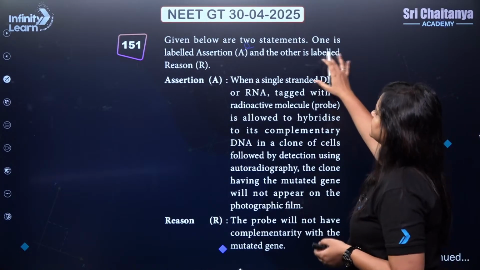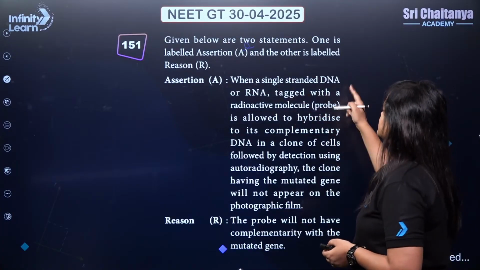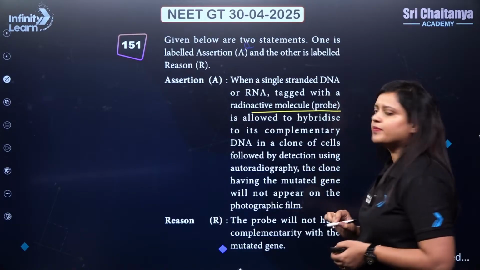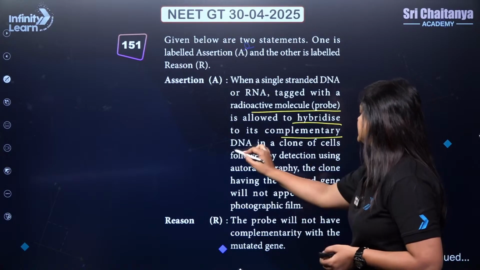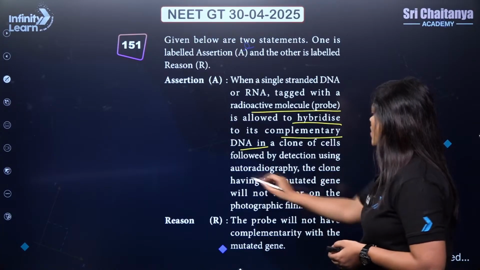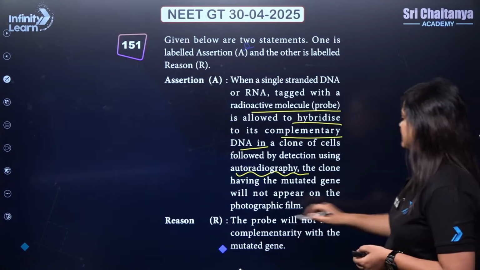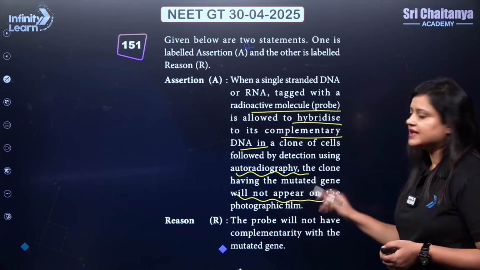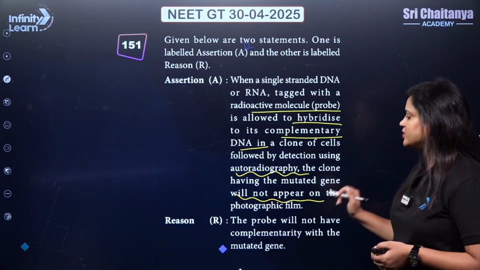Now we have assertion and reason statement. Let's read it. When a single-stranded DNA or RNA tagged with the radioactive molecule or probe is allowed to hybridize to its complementary DNA in a clone of cells followed by detection using autoradiography, the clone having the mutated gene will not appear on the photographic film. This is absolutely correct, and this is how we will do autoradiography.